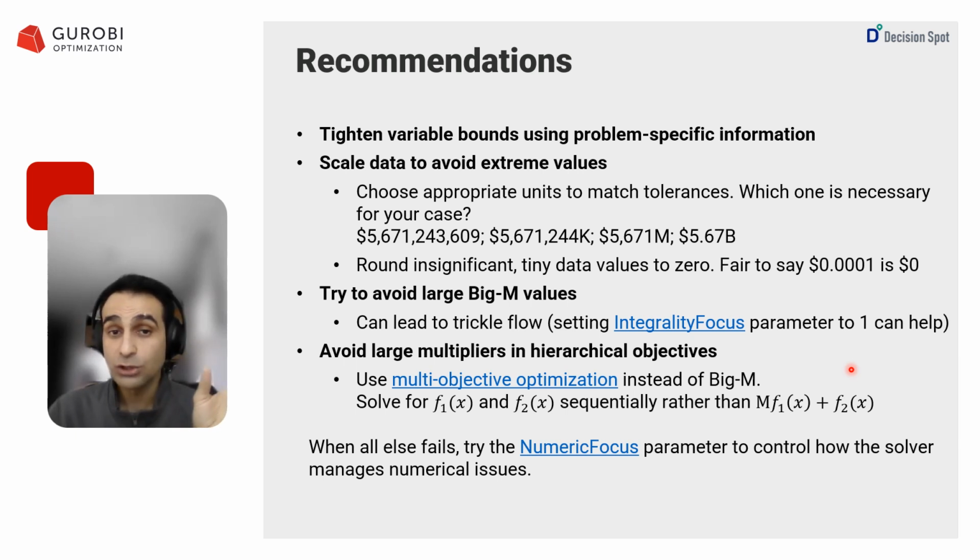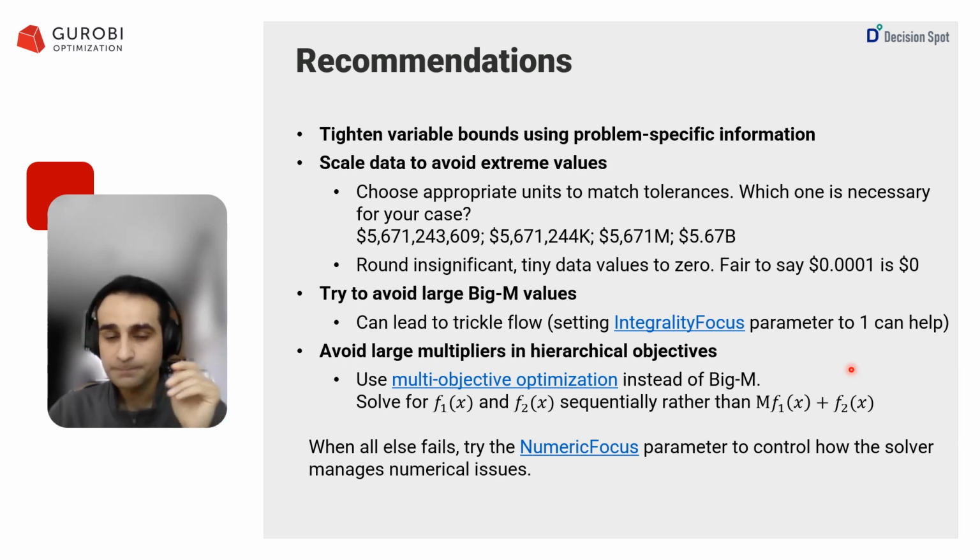So they use a large coefficient in this case for profit. If that's the case in your model, don't try to achieve it by assigning large values to the coefficients in the objective function. Instead, use the multi-objective optimization and set the customer satisfaction as your secondary objective.